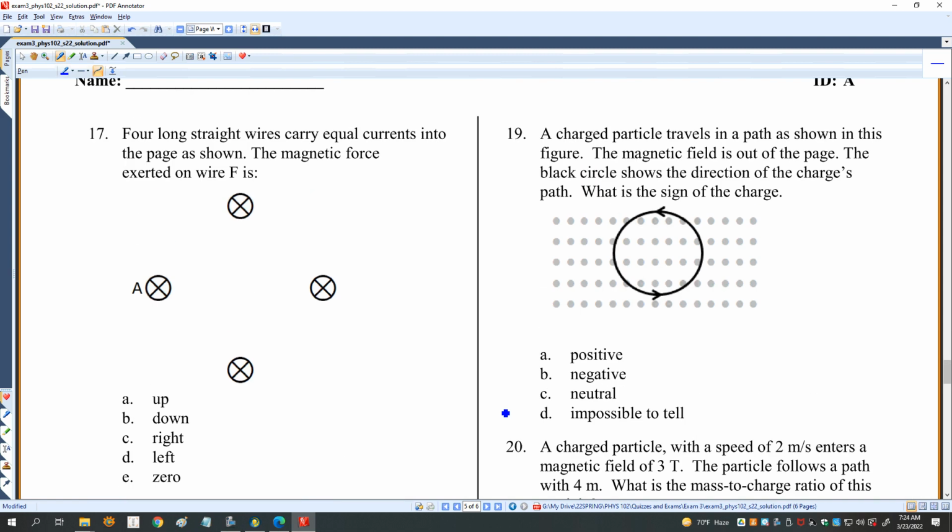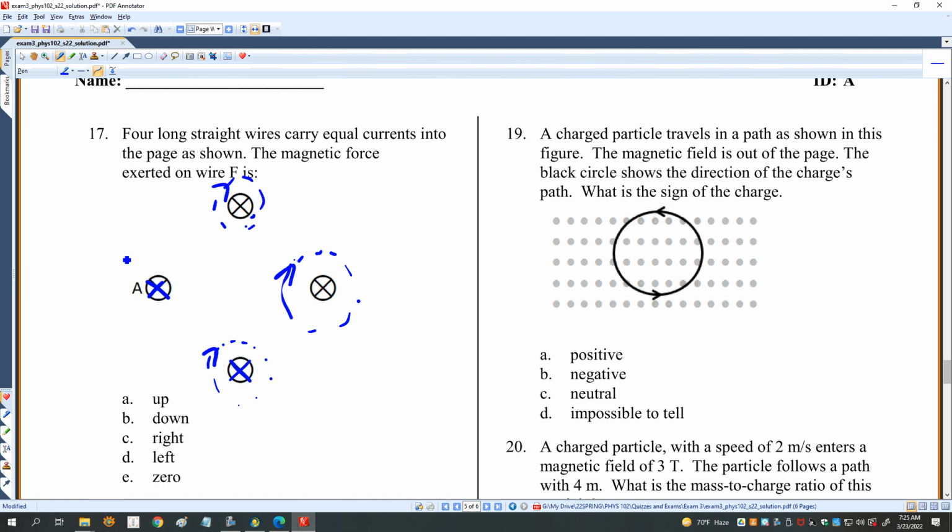Okay, four long straight wires carry equal currents into the page as shown. The magnetic force exerted on wire F is in which direction? So the first thing we want to do is figure out what is the direction of the magnetic field at this point. So let's take each of these three wires. This one creates a magnetic field that is in the clockwise direction. In fact, they all generate clockwise magnetic fields.